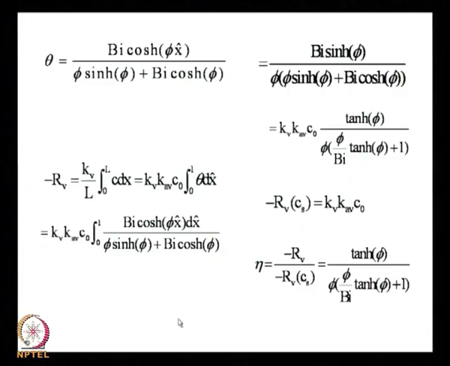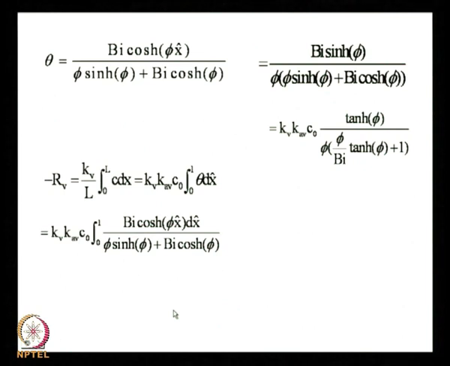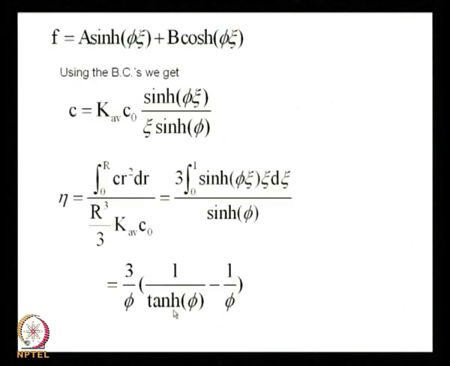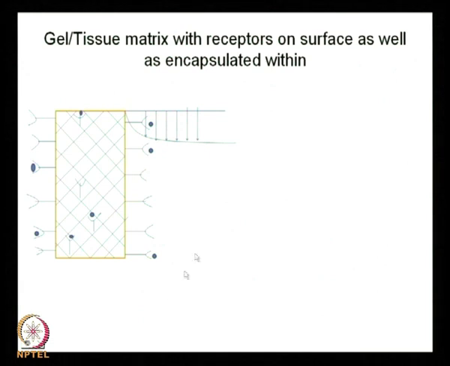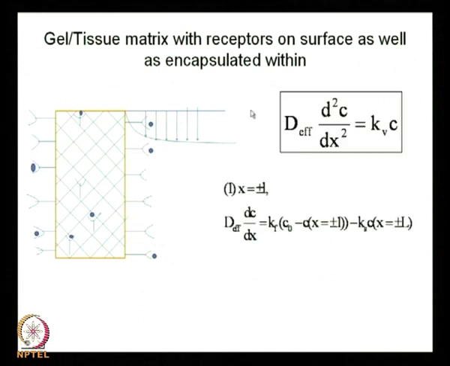So, we did look at effectiveness factors in certain geometries and so on. If we go to the slide, this is the last thing we did, if you remember. We looked at encapsulated enzymes with reaction taking place both inside and outside, and it was a little complicated in terms of the boundary condition, and we took a simple geometry.